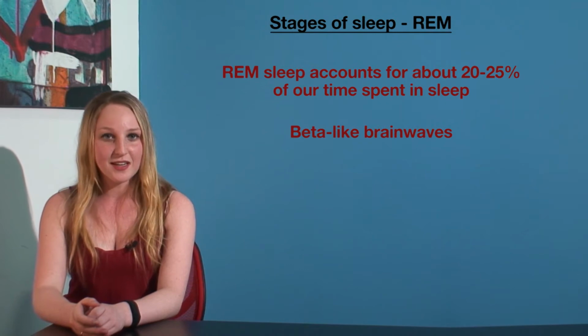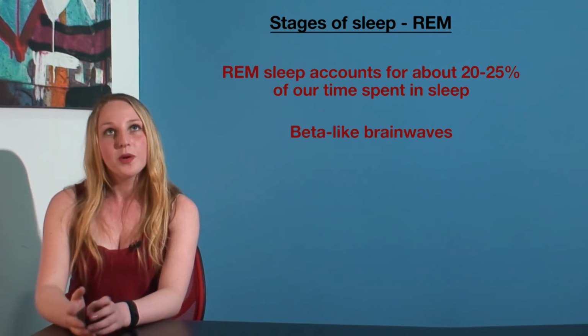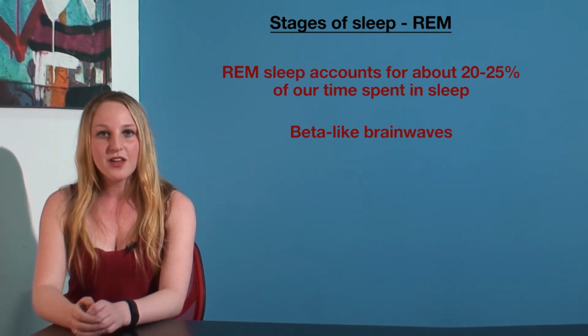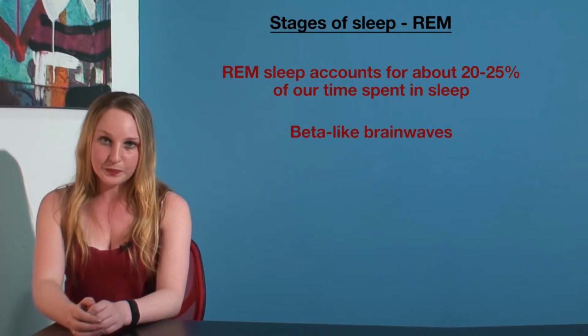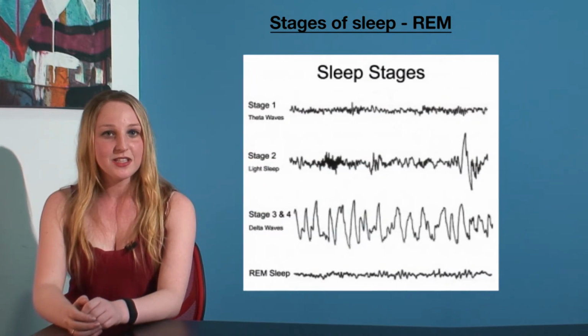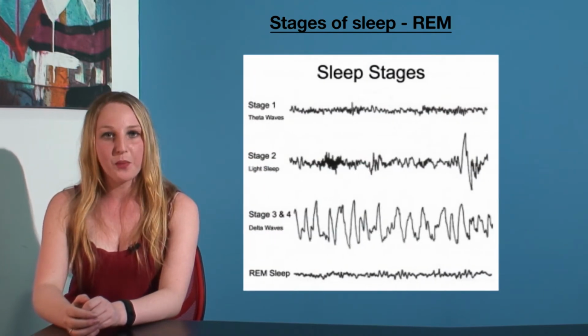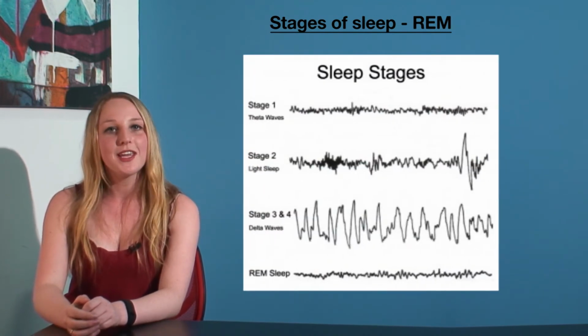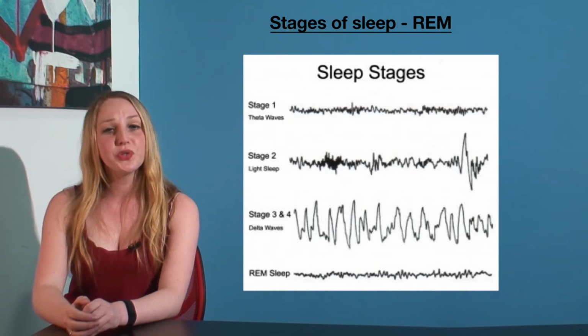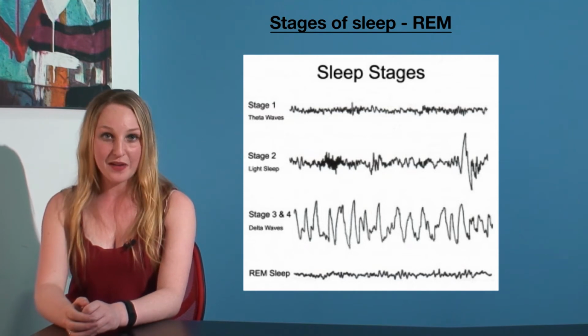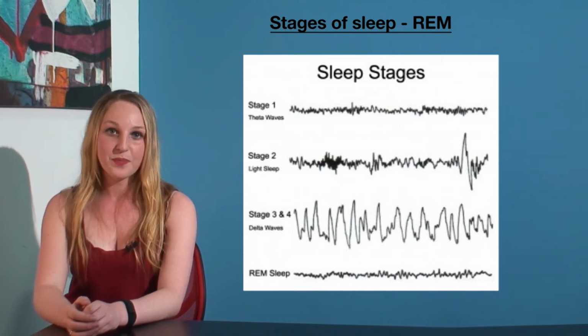For this reason, and the fact that the body is almost paralyzed during this stage, REM sleep is sometimes labelled as being paradoxical. A chart like this shows just how similar our brainwaves are during normal waking consciousness and during REM sleep. During REM sleep, we may also experience sawtooth waves, which are theta-like.